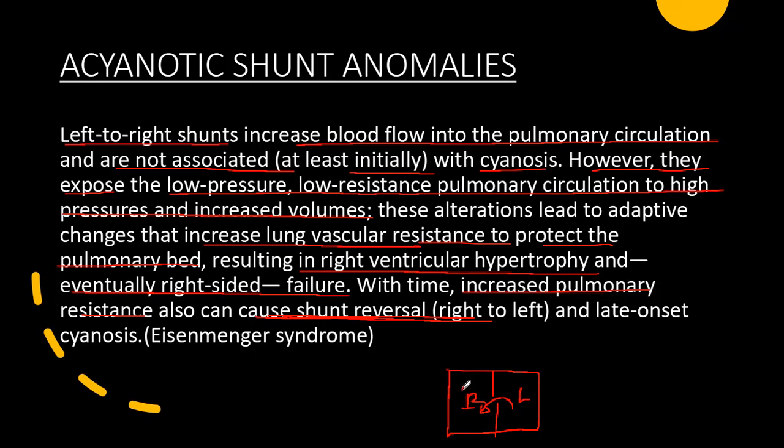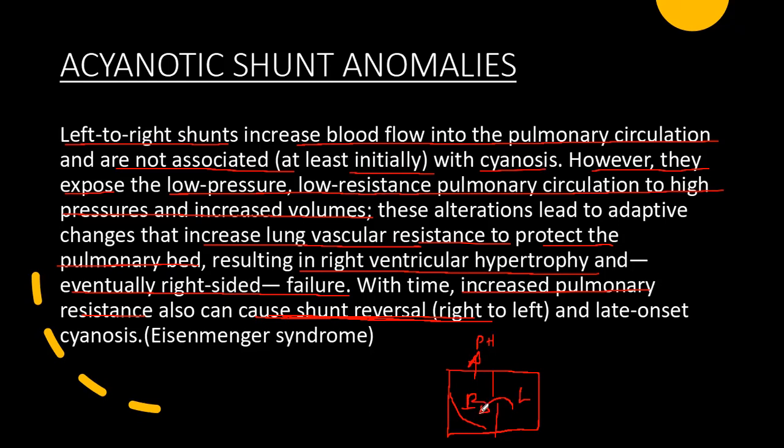This will increase the pressure. And remember, the right ventricle pumps blood to the pulmonary circulation, but the pulmonary circulation is not adapted for this high pressure. So it undergoes adaptive changes to increase the lung vasculature resistance. So the patient develops pulmonary hypertension, and the right ventricle undergoes compensatory hypertrophy, and eventually the right side generates more pressure than the left.